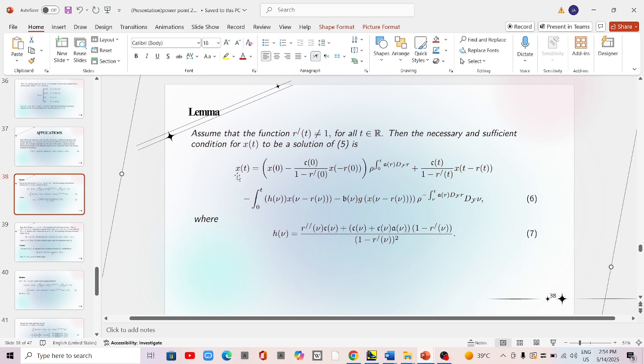What is the relationship of this with our result? Whenever we define an operator on the Banach space of continuous functions, we know that every Banach space is a complete metric space. What is a Banach space basically? It is a complete normed space.